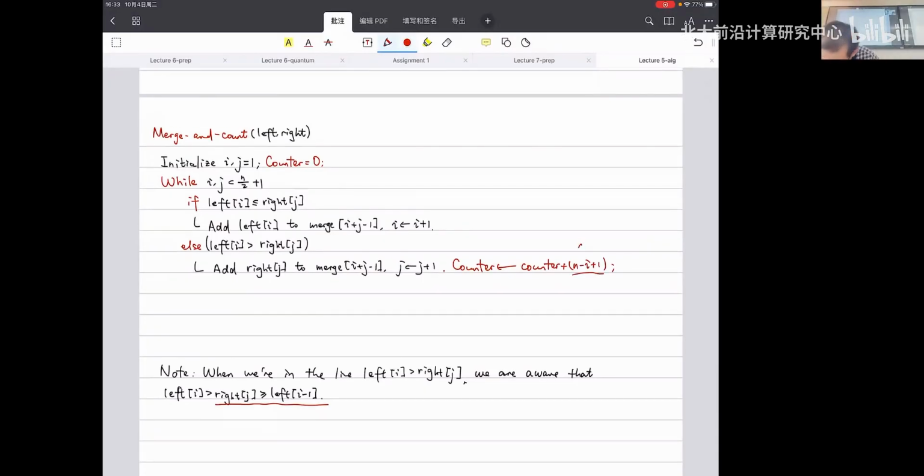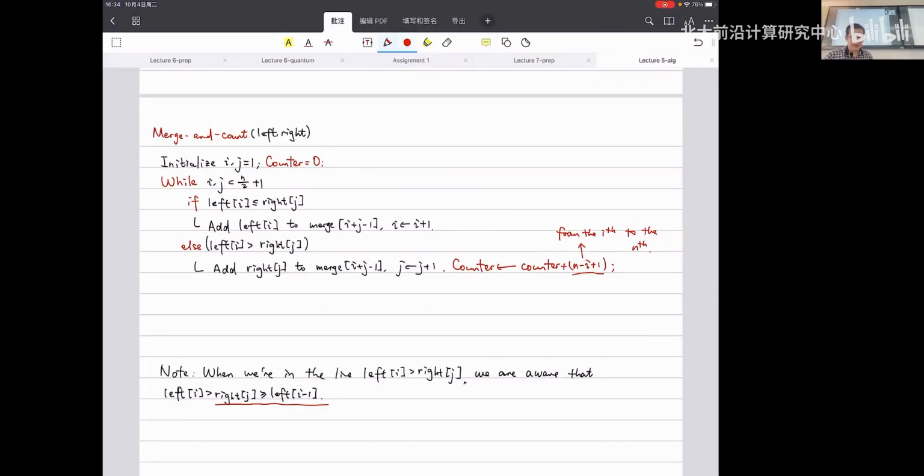This is basically from the ith to the n. Because the item at n minus 1 is actually smaller than the current item in the right, that's the item you are adding just here.